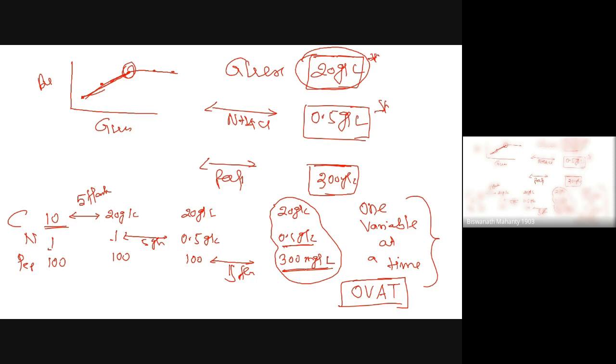Maybe 300 milligram per liter when I'm putting peptone, then carbon 10 may be better, because you have never tested, you cannot certify. You have only tested the carbon change when my peptone was 100. I have never seen 300 milligram per liter of peptone and carbon of 10 gram per liter. That means you are doing this study, but this study has many loopholes.